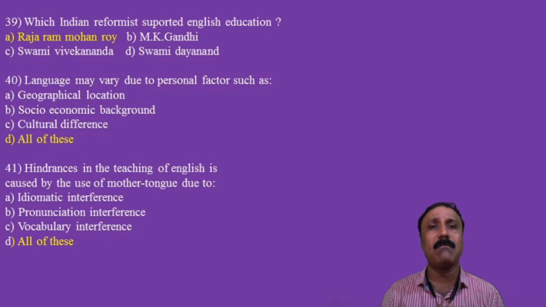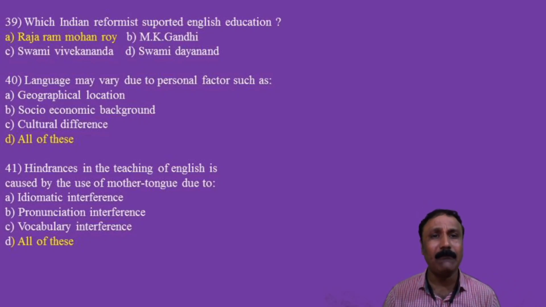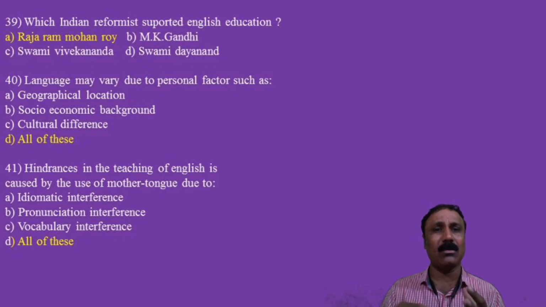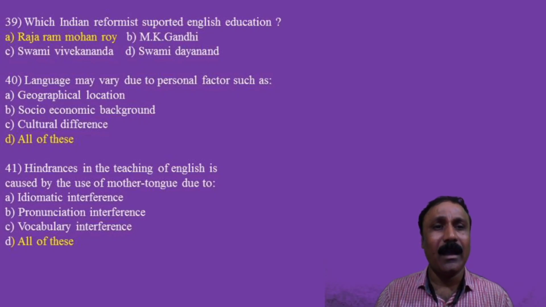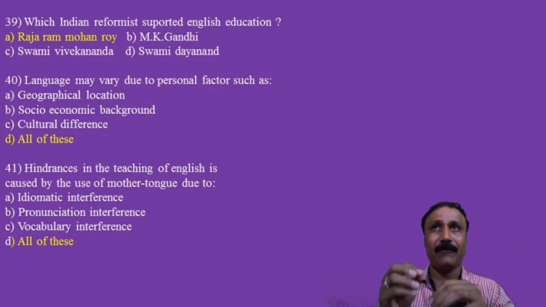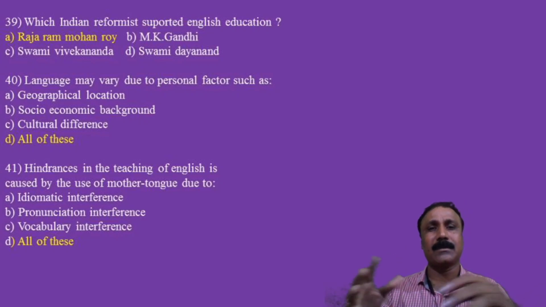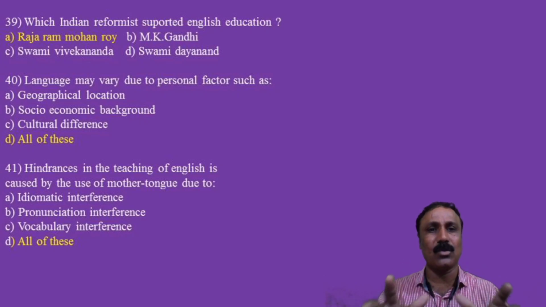That's Raja Ram Mohan Roy. A language may vary due to personal factors such as geographical location, socio-economic background, cultural difference, and all of these. Of course, the language may vary due to geographical, socio-economic background and cultural differences.